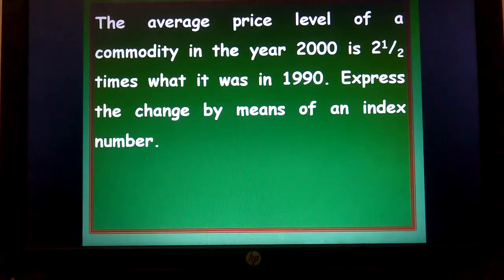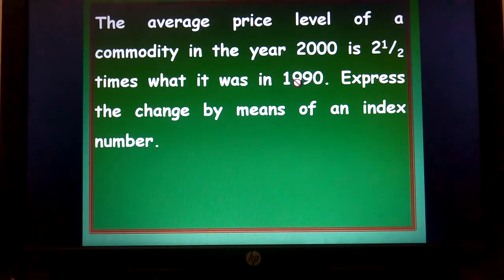In 1990, the index number was 100. 2.5 times in 2000 means 2.5 times 100, which is 250. Here it has been asked to express the change by means of an index number. This change is what change has taken place from 1990 to 2000.